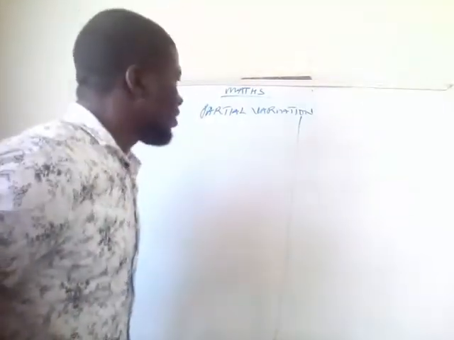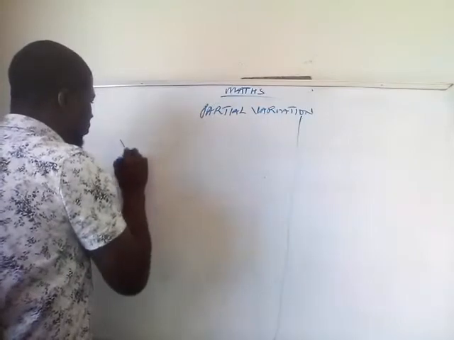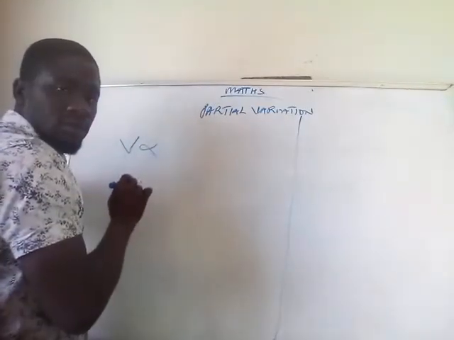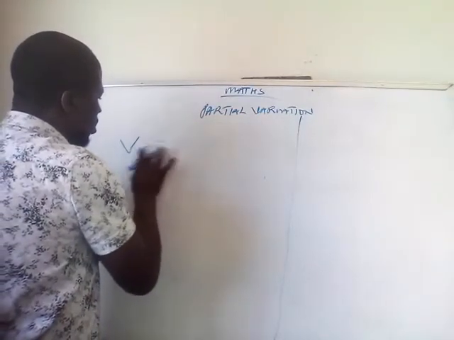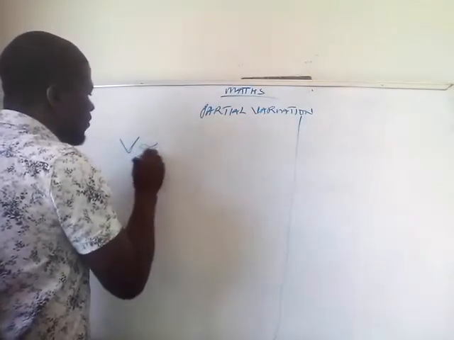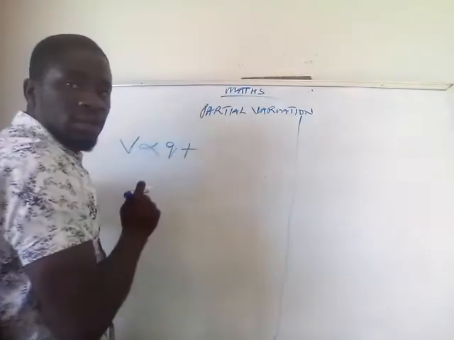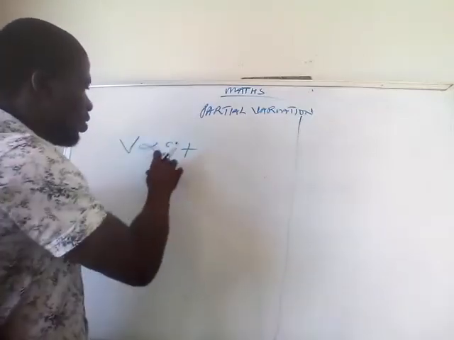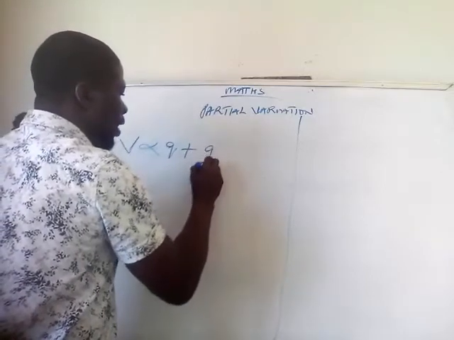So if you look at this, they just told us that v varies partly as q, and also partly as q squared.